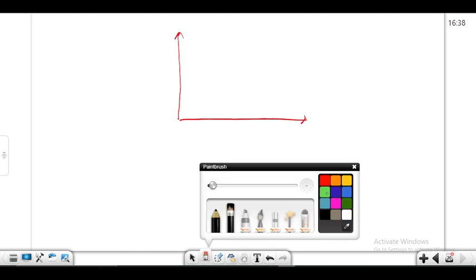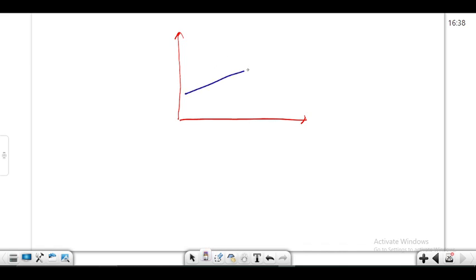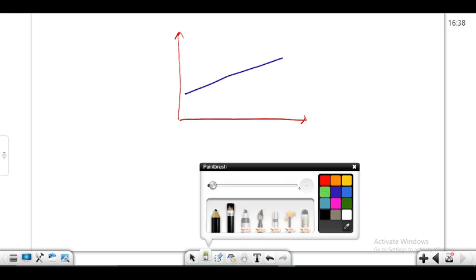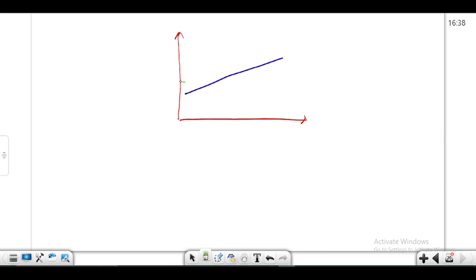So suppose this is the regression line, and this is the average y bar value.